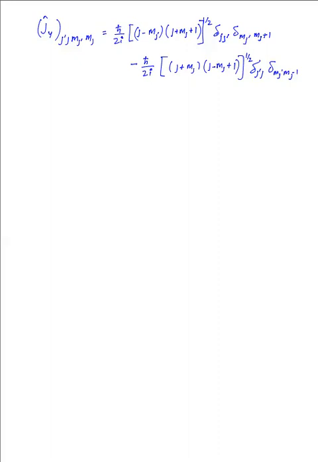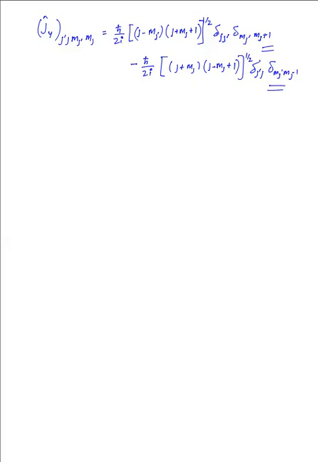If we take the Kronecker delta into consideration, mj prime equal to mj plus 1 stands, and mj prime equal to mj minus 1 is what we consider. The other terms will go to 0.